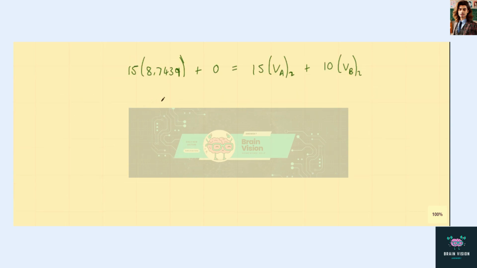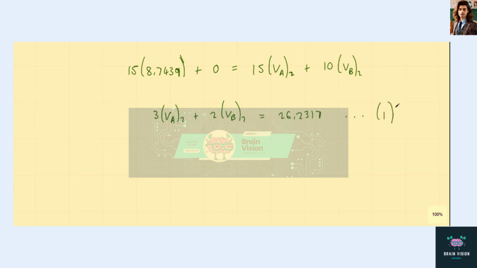Simplifying this equation, we get 3 VA2 plus 2 VB2 is equal to 26.2317. And we'll call this equation number 1.